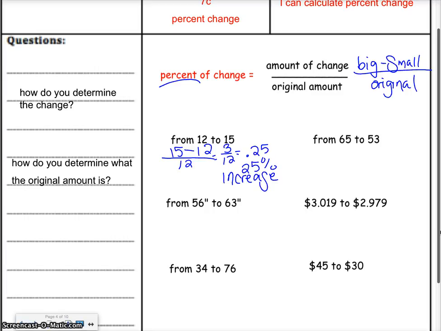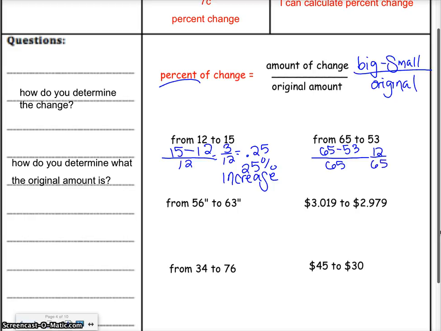Okay, the next one, from 65 to 53. My big number, 65, take away my small number, 53, all over where I started, my original. What was the original number? 65. So then I just start calculating. 65 minus 53 is 12 over 65.